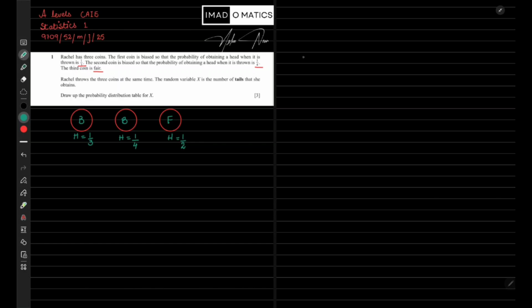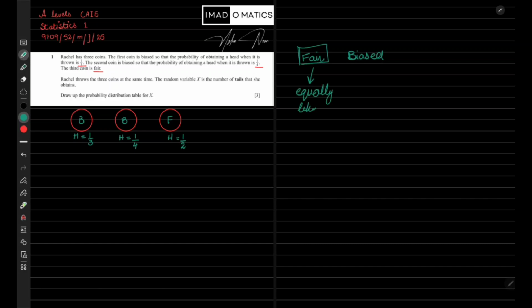Now first understand what is a fair and what is a biased coin. If something is fair, whether a coin, a dice or a spinner, it means that all the outcomes are equally likely to happen.